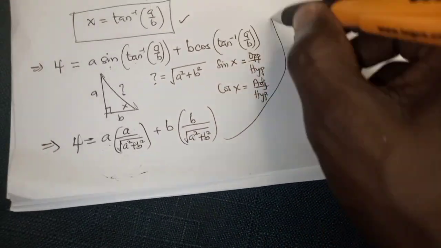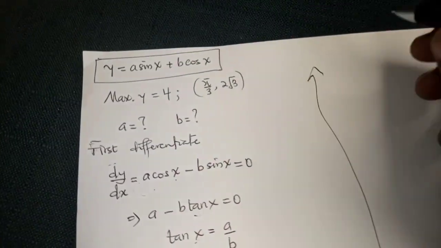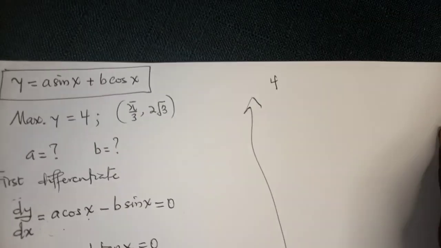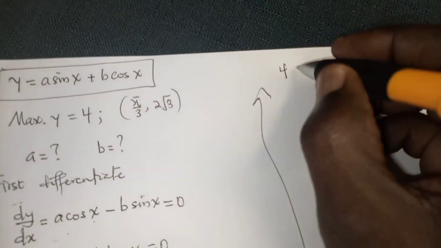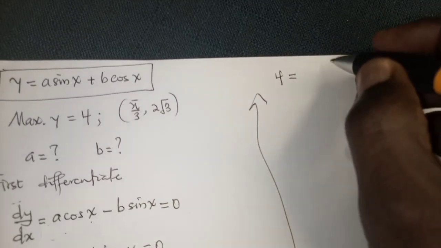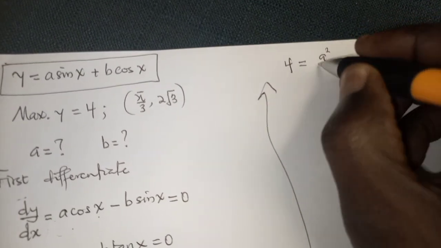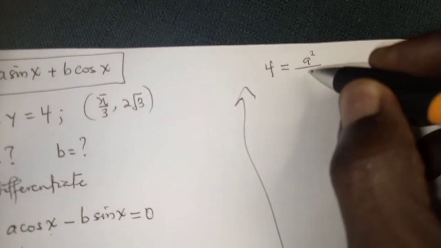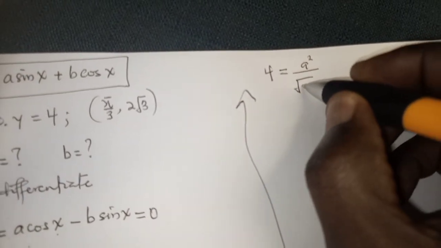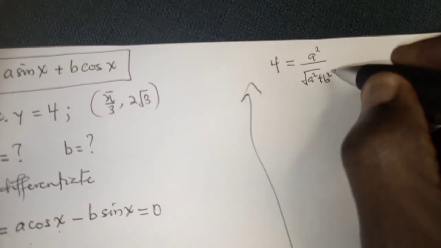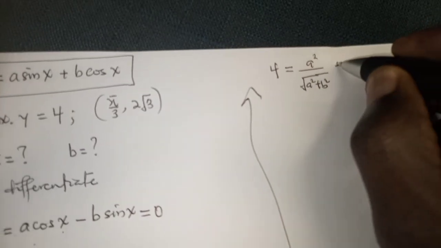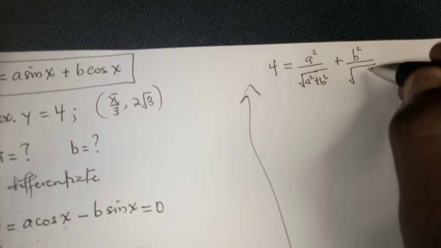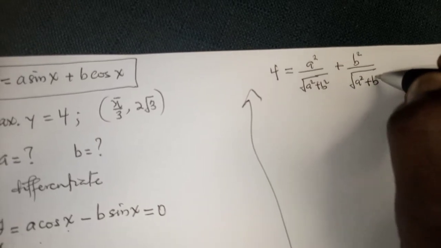So going up, we have 4 will be equal to a square on the square root of a square plus b square, plus b square on the square root of a square plus b square.